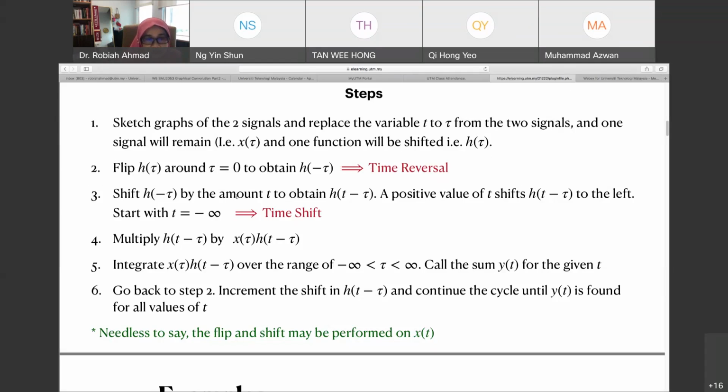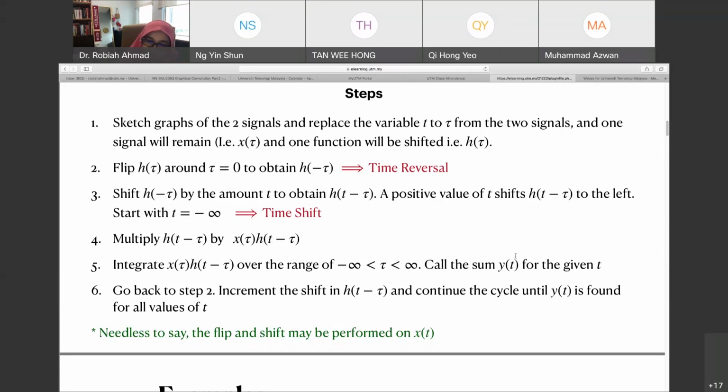Let's say we have a value of t. When we do the shifting, a positive t will shift to the left. Therefore a positive value of t shifts h(minus tau) to the left. So h(t minus tau) is called the time shifting, reversal shifting, and then we multiply h(t minus tau) with x(tau) to become x(tau) h(t minus tau), and then we integrate.